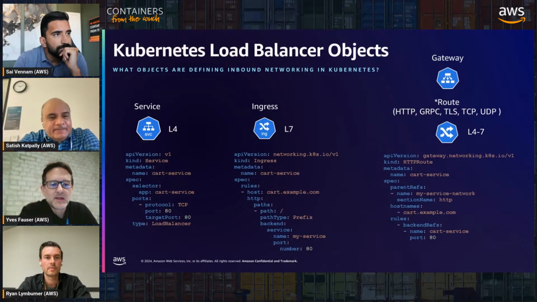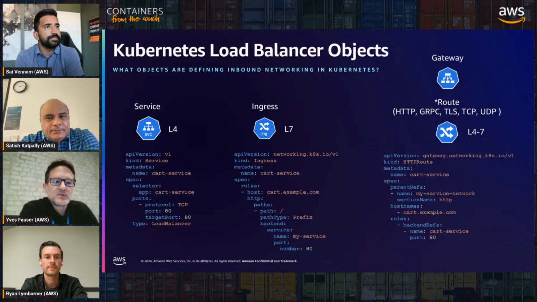Yves? Yeah, and I think that if you would ask a couple of folks that were very early on in the community what they would do differently, they would name the service as being one of those objects that they would design differently today, because it's very overloaded. It is used as a service discovery construct. It is used as a load balancing construct. And it is used just for too many things. It's also used as a means of collecting pod IPs and endpoints.